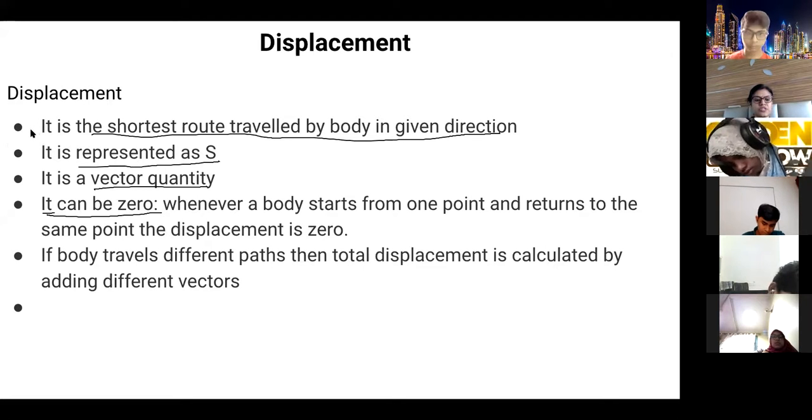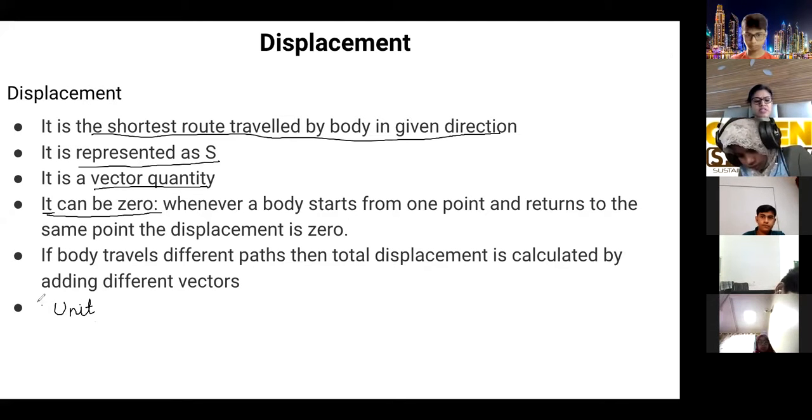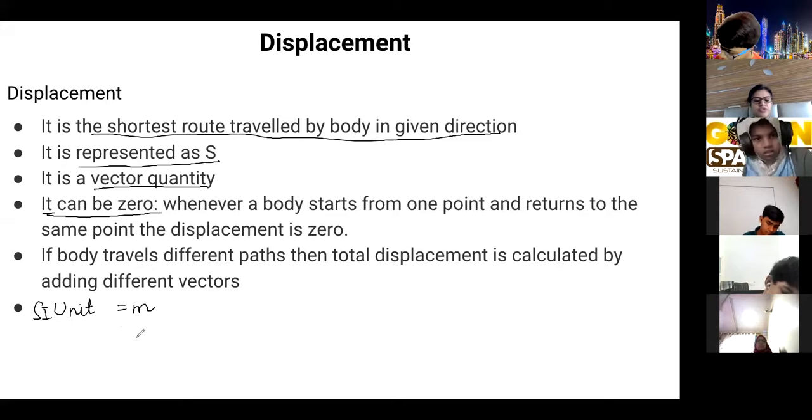Written all the points? Displacement. Unit also you can write, its SI unit is same, meter, and bigger unit is kilometer.